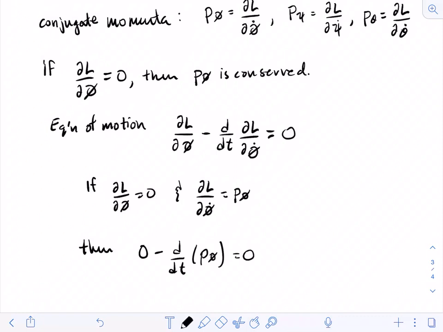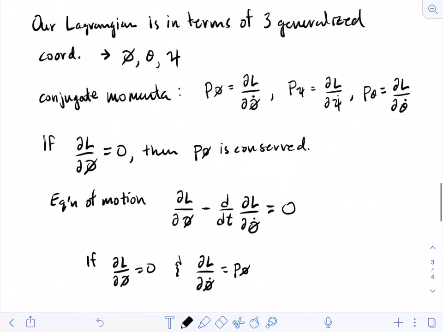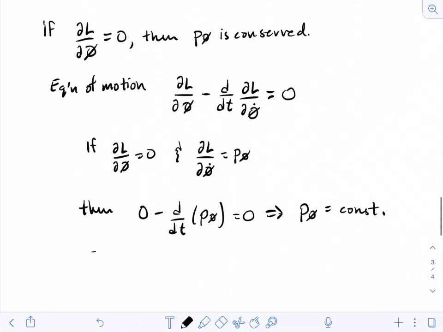And so the only way that could be true is if p phi is equal to a constant, because we're taking a time derivative, and we need that time derivative to be 0. Okay, so good. That's a quick review.